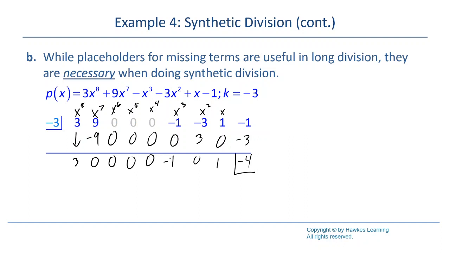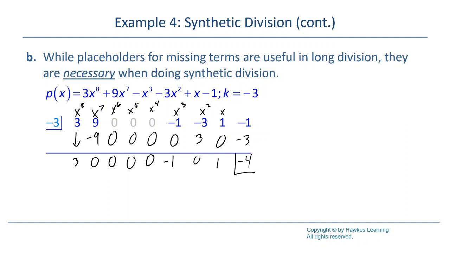Bring down the negative 1. Positive 3. That becomes 0. Add those. And so you get the idea. So in this case, negative 3 is not a root of the given polynomial.